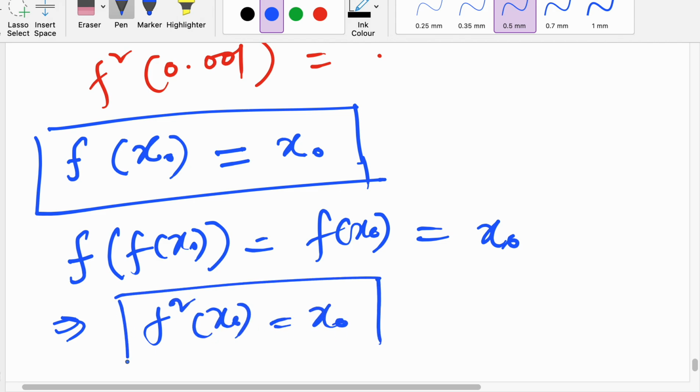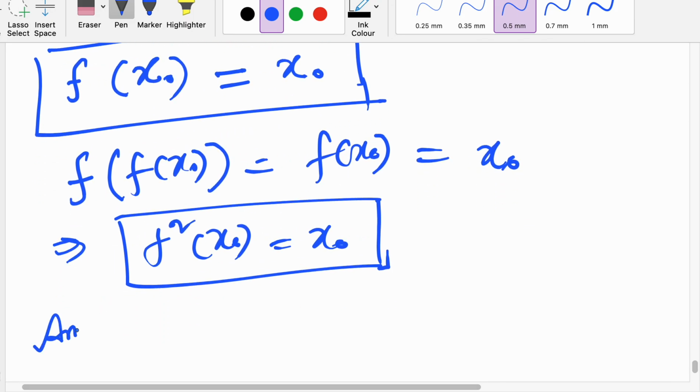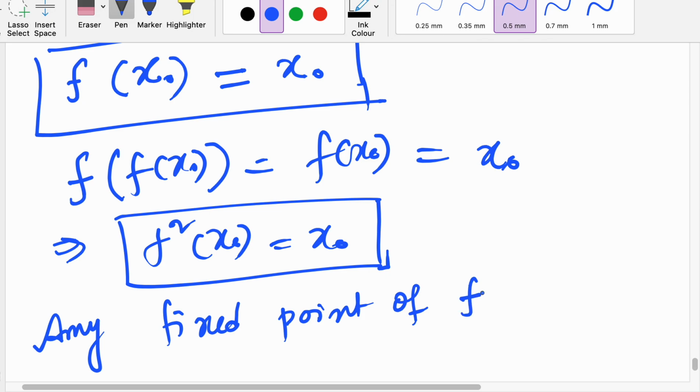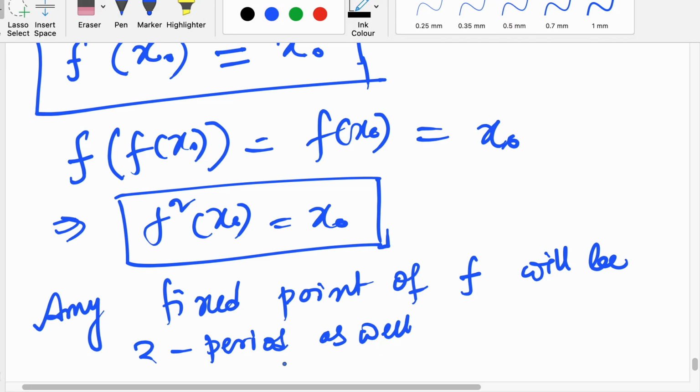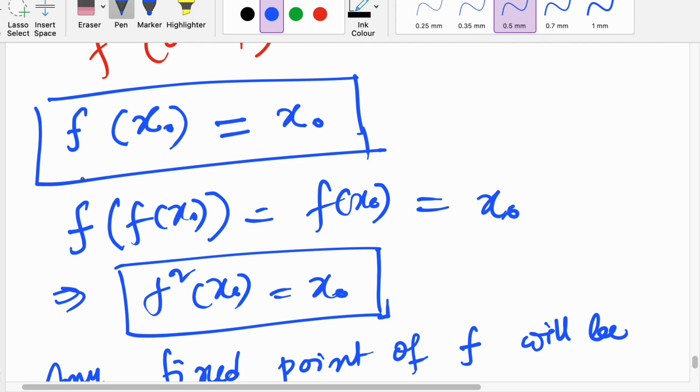So you see, this is a general result: any fixed point of f will be a period-two point as well, because it remains fixed under the action of f, so it will also remain fixed under the application of f square.